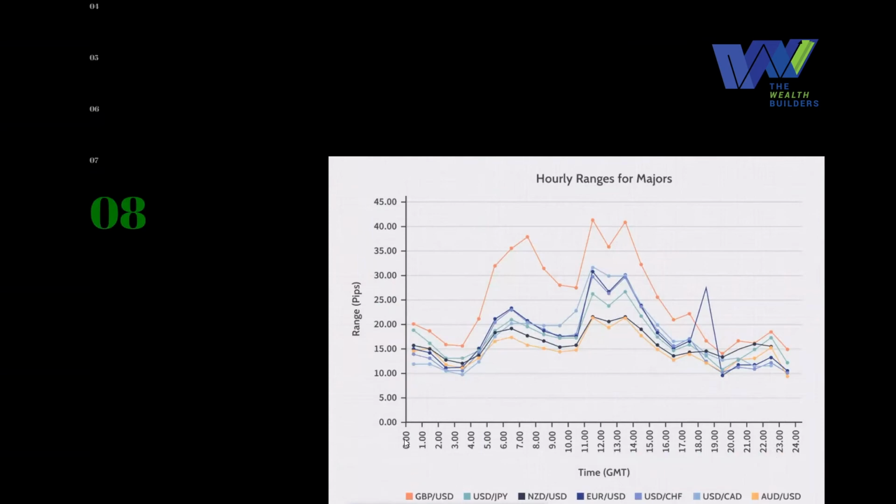As you can see, GMT time, when it first starts off, the best time to trade AU is around 8 a.m. GMT time. And then we have between 11 a.m. to 2 p.m. GMT time. And then it kind of drops off.